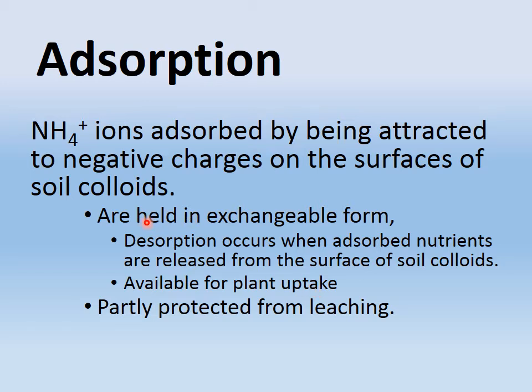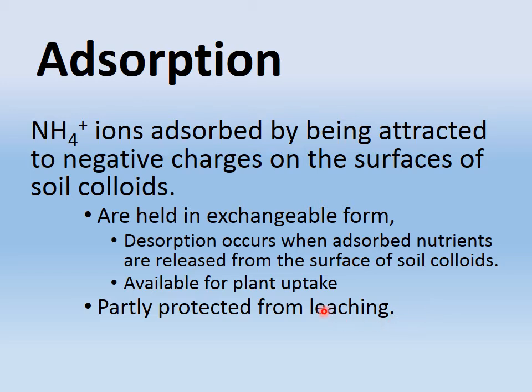So when an exchange takes place, when the ammonium ions are removed from the soil colloids and get into the soil solution, we say desorption of ammonium ions is taking place. They are being released from the soil colloids into the soil solution, where they become available for plants to take up. And these ammonium ions are partly protected from leaching, especially in heavy clay soils, where you have a lot of negative charges.